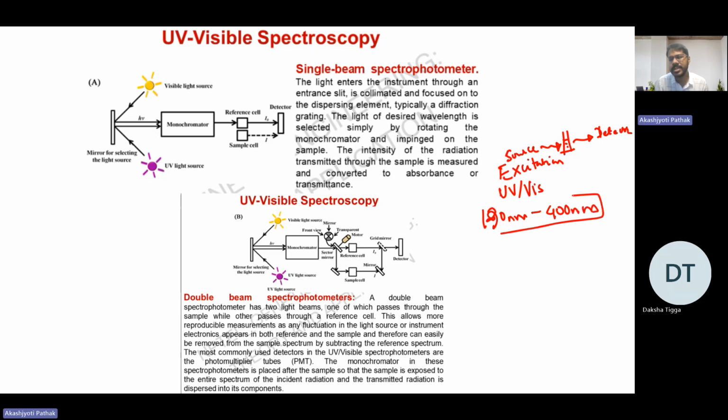So in this range of wavelength, you can excite your sample, and your sample will absorb the light, and then the amount of light which passes will be detected.